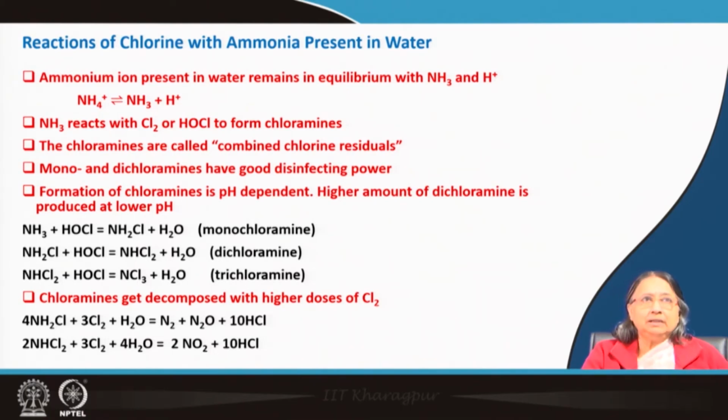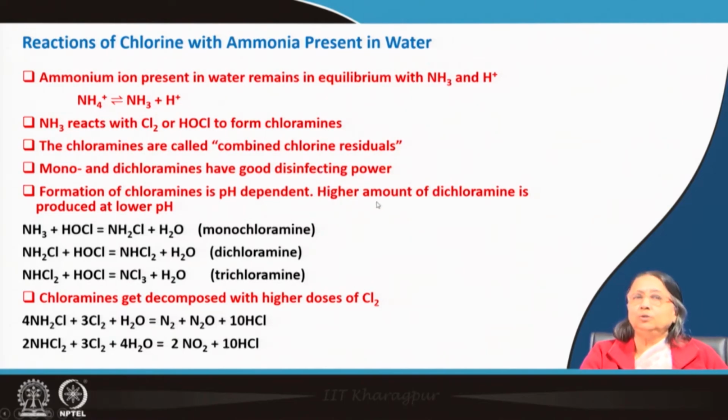But the chloramines, which are produced by the reaction of ammonia with HOCl or chlorine, are called combined chlorine residuals. Mono and dichloramines also have good disinfecting property, but not as good as the free chlorine residuals. They are not as good, but still they have disinfecting power.